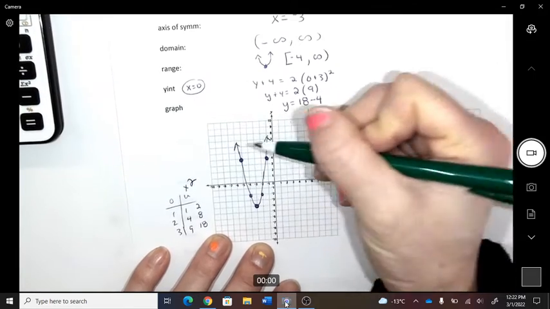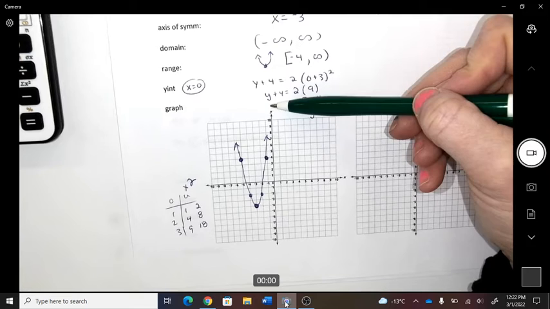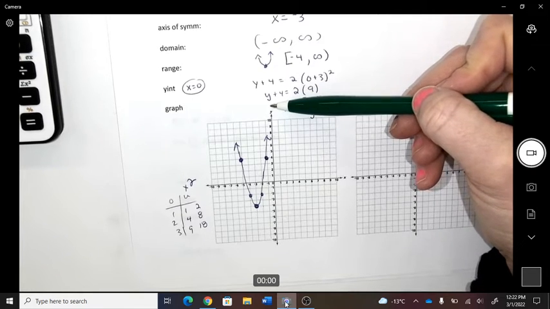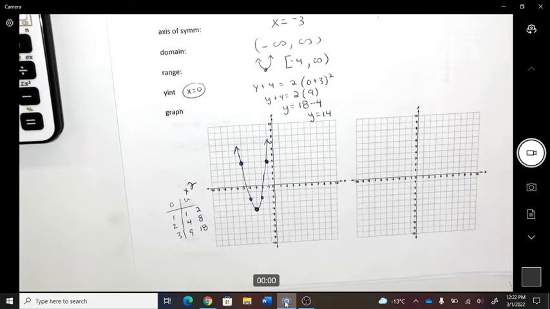My y-intercept seems like it would make sense at 14. That makes sense to me. Crossing up here at 14. That's where you would. It's narrower. Okay, all the things tie in together.